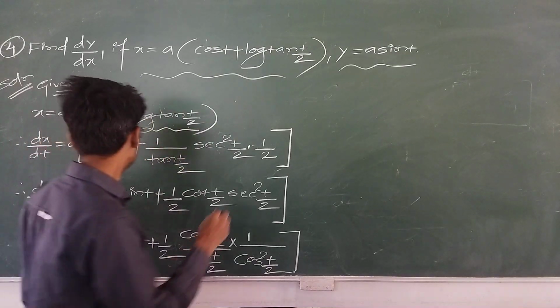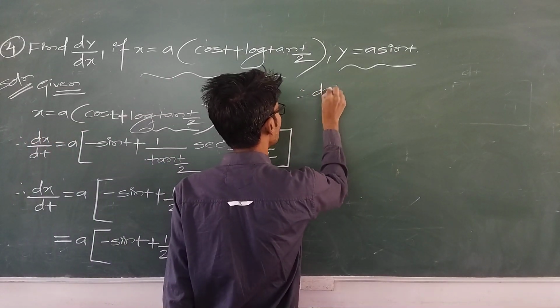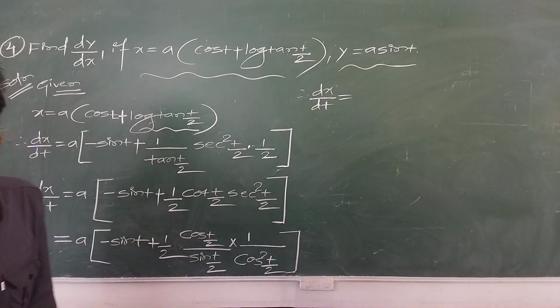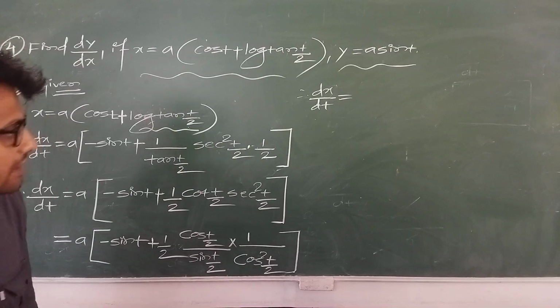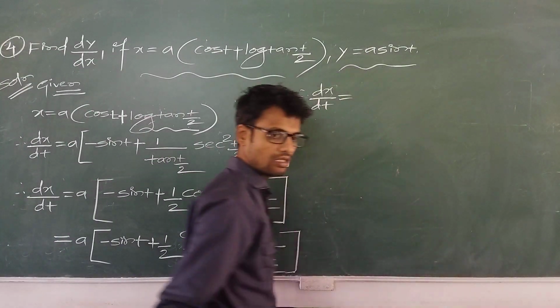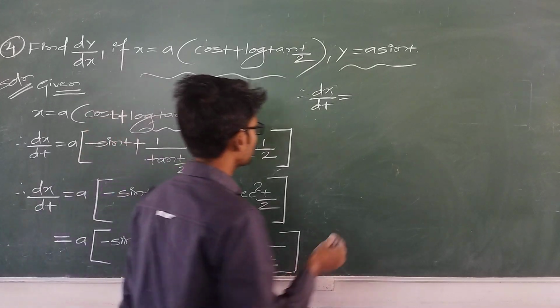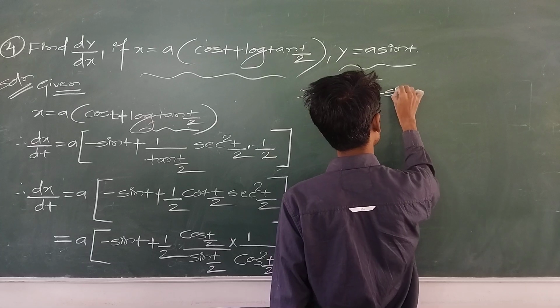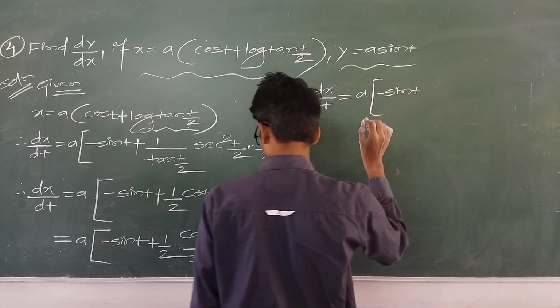So now I will write the value of dx by dt. dx by dt is equal to a as it is, next you write minus sin t as it is.